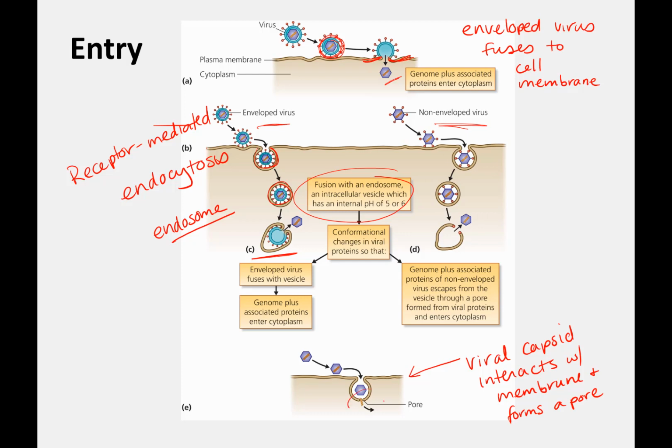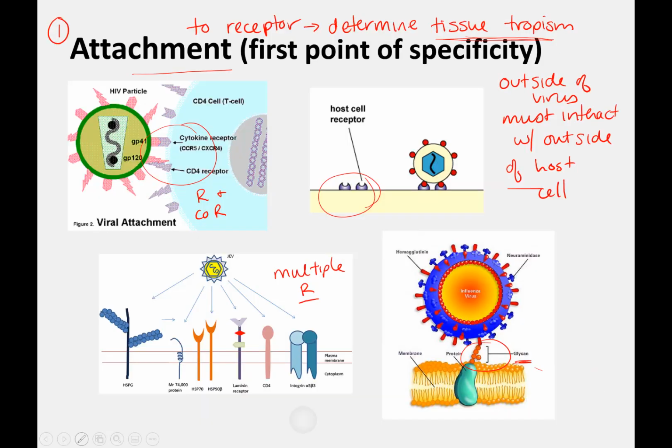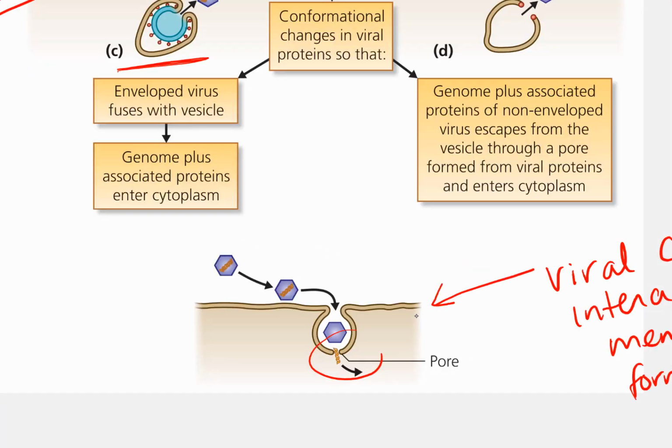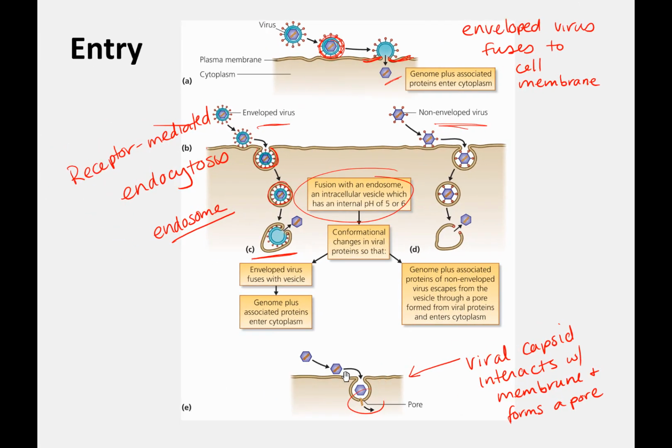And in fact, if you can see here, sometimes I can zoom in. Yeah. The interaction between the virus capsid and the membrane allows the genetic material into the cell. So, different ways for viruses to enter or get into the cell.